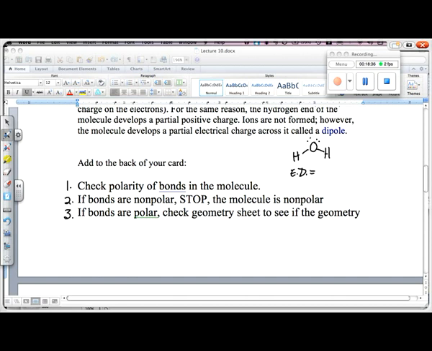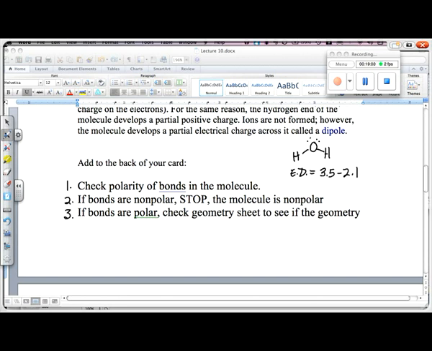All right, so I'm looking on that chart I gave you, and hydrogen has an electronegativity of 2.1, and oxygen has an electronegativity of 3.5. So this is what you're going to do. You're going to do 3.5 minus 2.1, okay? And that comes out to what? 1.4? No. 0.9 and 0.5.